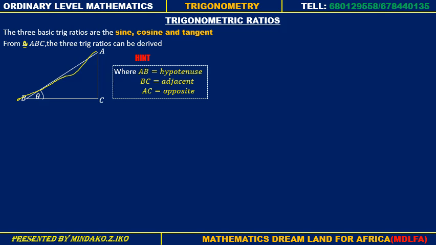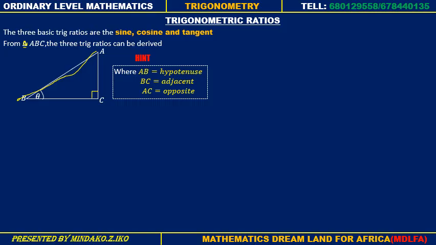So this is a right angle triangle, and in trigonometry we mostly focus on the right angle triangle. A right angle triangle is a triangle that has an angle measuring 90 degrees. If you look at this triangle, this angle here is actually 90 degrees.